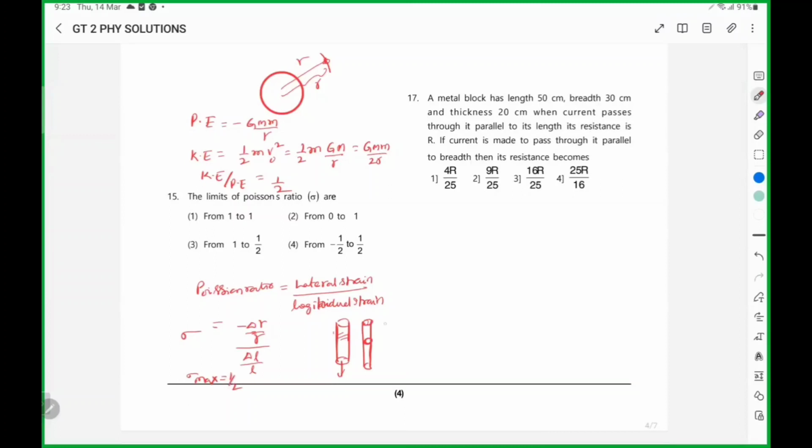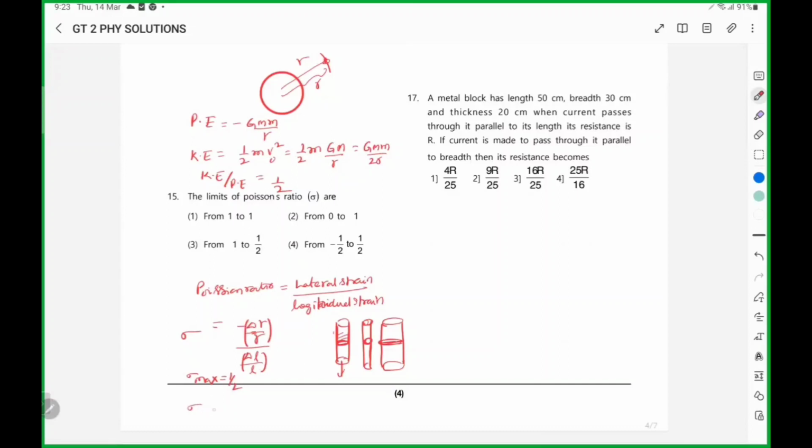And some materials, once you stretch them, instead of a decrease in the cross-sectional area, there is an increase in the cross-sectional area. So for those materials, these two become positive and minus.